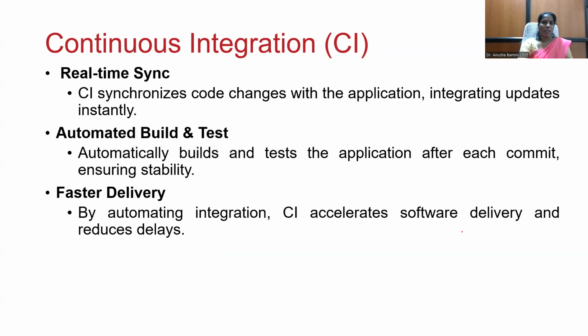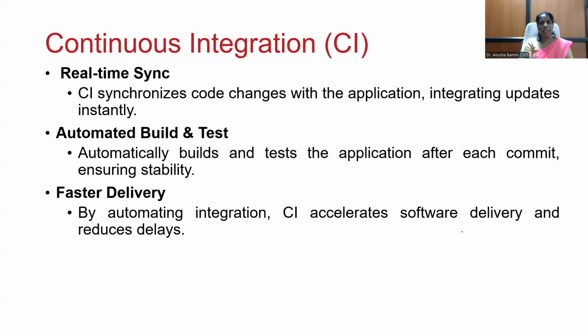Okay. Then in continuous integration, we have three major features: real-time synchronization, automated build and test, and faster delivery. Real-time synchronization means CI synchronizes code changes with the application, integrating updates instantly. As I said earlier, whatever changes are made in the code, we create new branches and update the changes in the branches. That is called integrating and updating instantly.